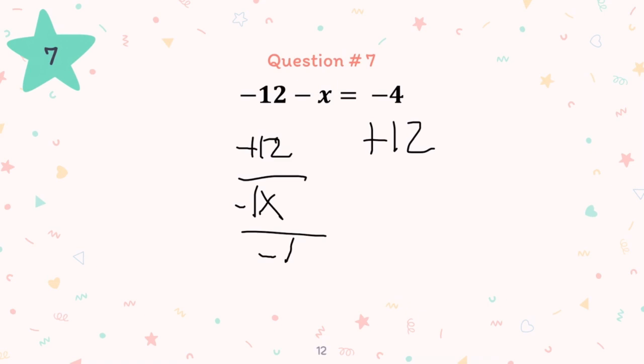And then here we get 8. And then we divide that by negative 1 as well. And then that would equal x. x equals negative 8.